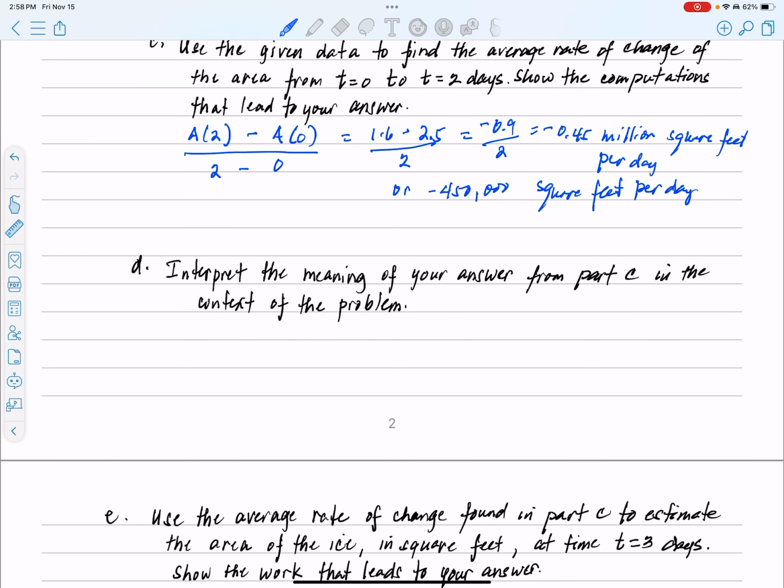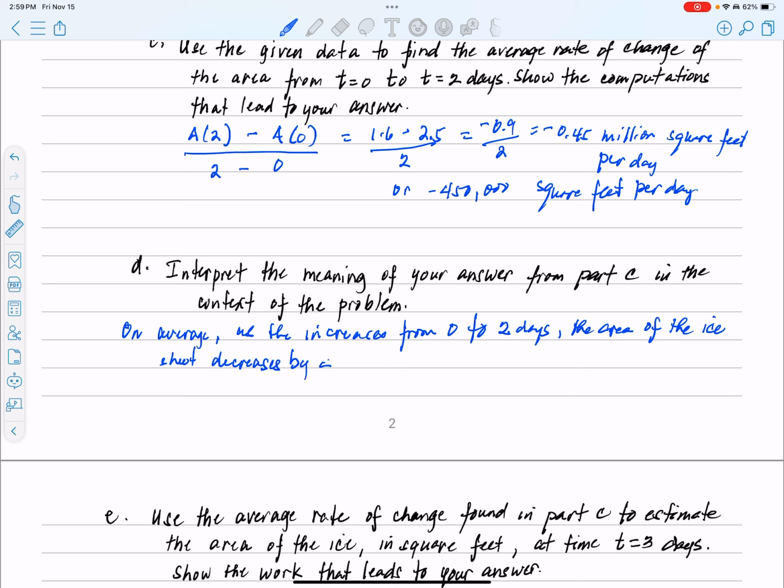So we could say, on average, as the time increases from 0 to 2 days, the area of the ice decreases by 450,000 square feet per day.